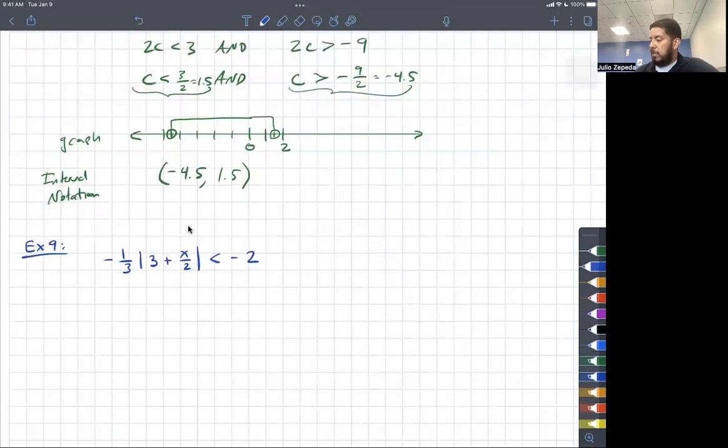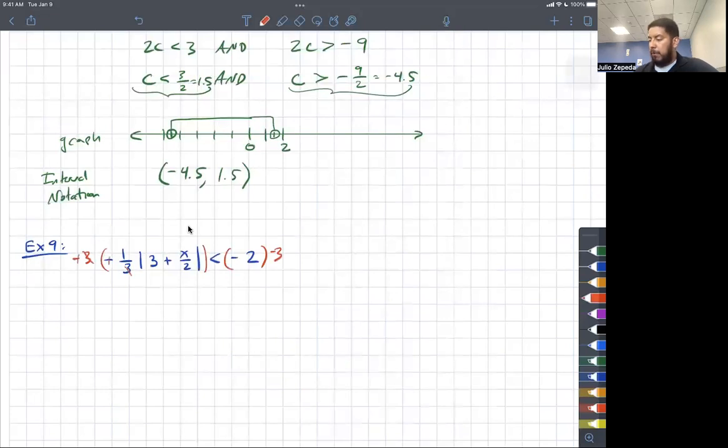So in this case, we can multiply. Since we have a fraction, I can multiply both sides by 3 to get rid of that fraction. Actually, let me multiply by a negative 3. Since that's a negative 1/3, the 3's cancel and the negatives cancel.